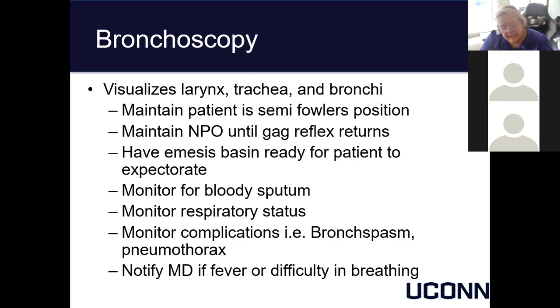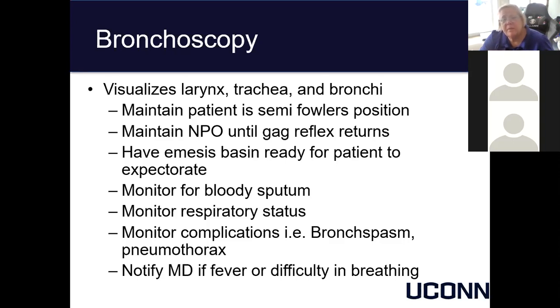If they have taken a biopsy, if they've gone down and pulled out a foreign body, if they've done anything other than just look around, but even then, the risk for bleeding post-procedure is a very real risk. So again, you're checking vital signs. You are checking to see what their sputum looks like.